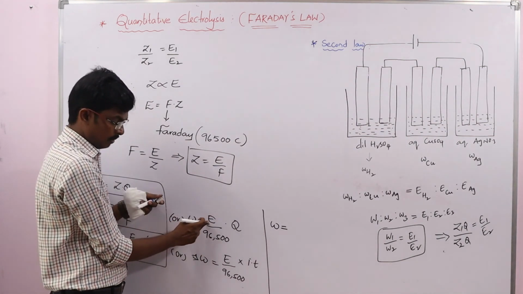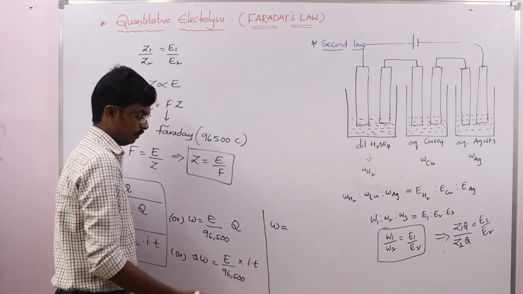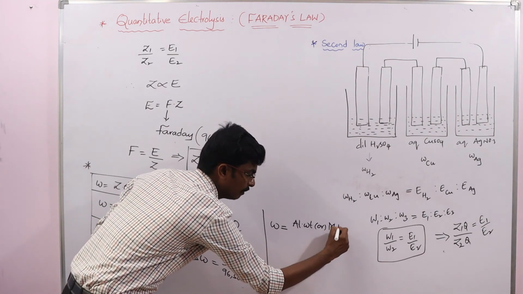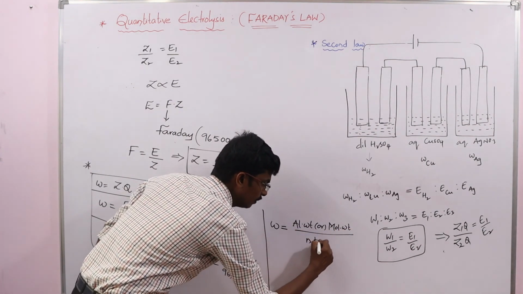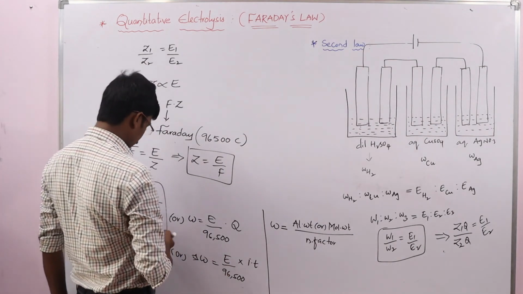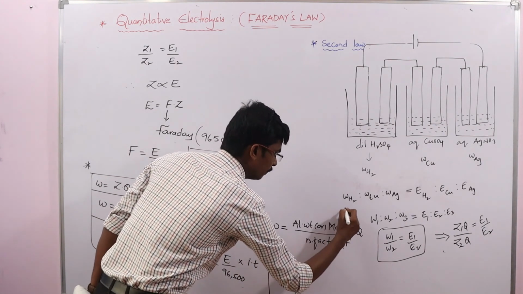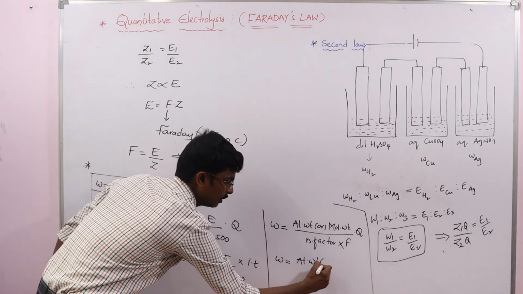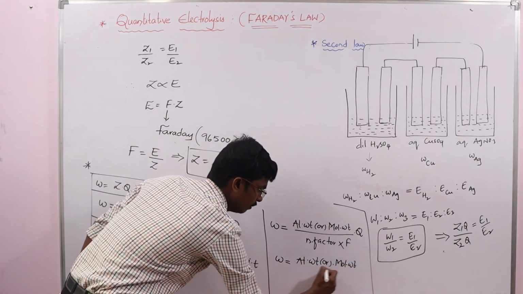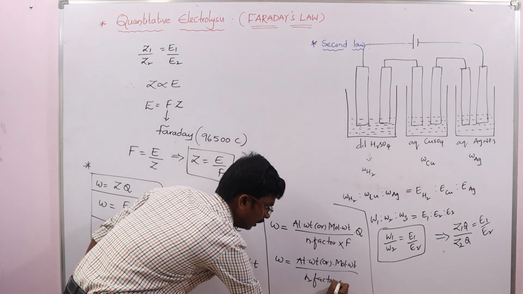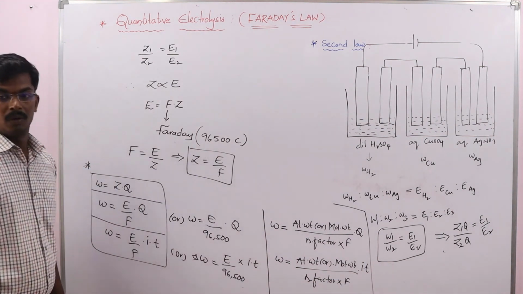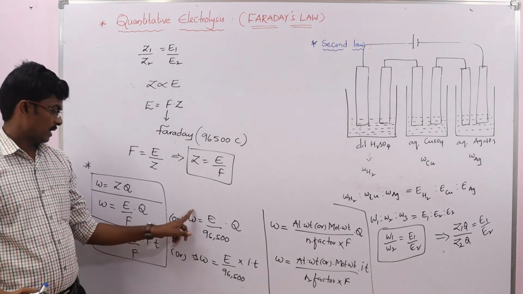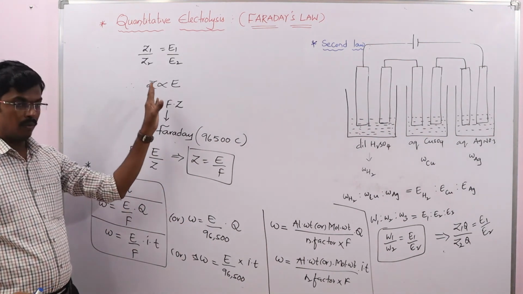So W equals E by 96,500 coulombs, which is nothing but atomic weight or molecular weight by n factor, into Faraday into Q. Otherwise, W equals atomic weight or molecular weight by n factor into Faraday into I into T. So these are the different mathematical expressions we use to identify the weight of the substance deposited or electrolyzed in electrolysis. Clear?